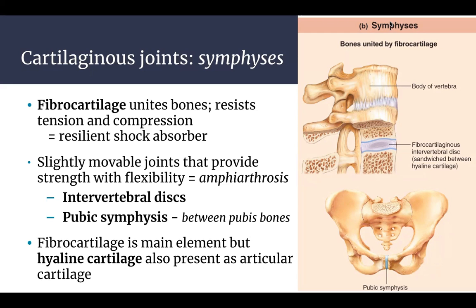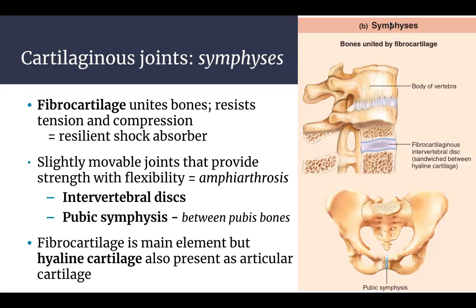As we know from the histology that we've been doing in lab class, from when we've looked at tissues, fibrocartilage is the form of cartilage that has much more developed fibrous component to its extracellular matrix. So there's an awful lot of thicker collagen here than we were seeing in the hyaline cartilage.